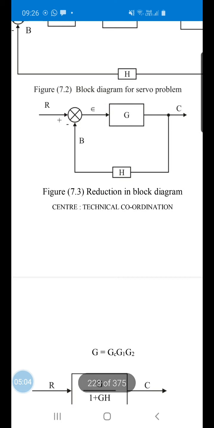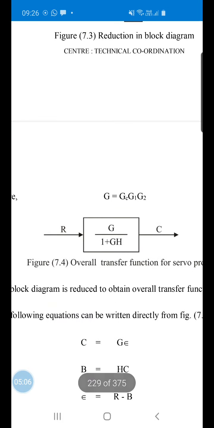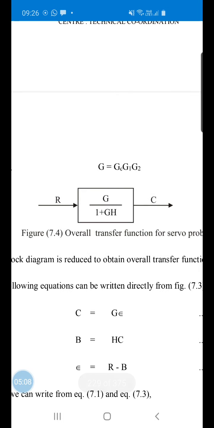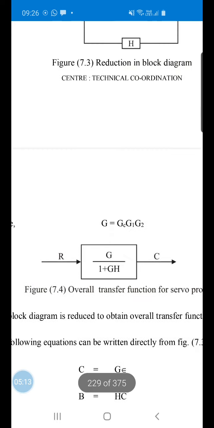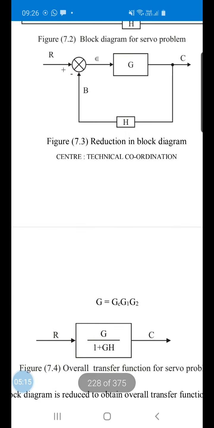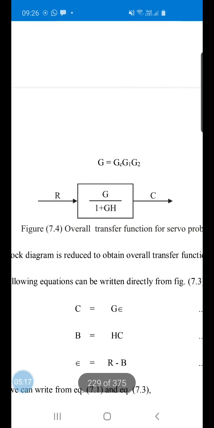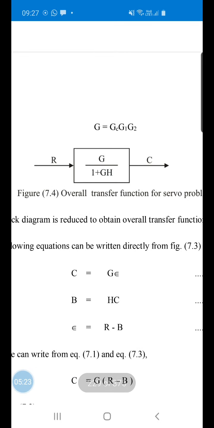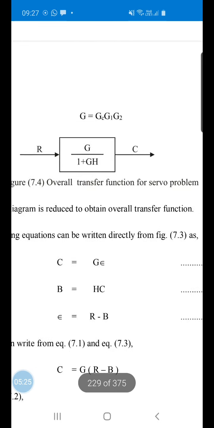Further, we reduce the block diagram again to this one. We wrote G equal to Gc, G1, G2. So we can write C by R equal to G upon 1 plus GH. This is called the overall transfer function for the servo problem.